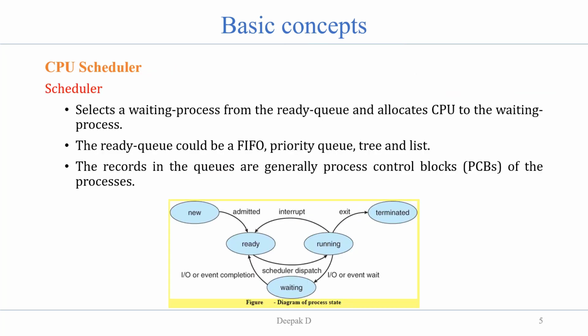Now the next topic is the CPU scheduler. Before that, we shall start with the diagram of process states. Whenever a process is created, it is in the new state.